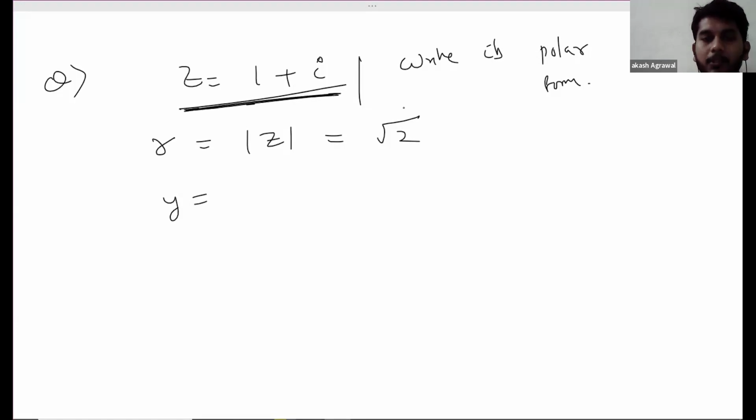And this complex number, what is y? No, Afnan, look carefully. 1 plus iota they have written. One. And what is x?